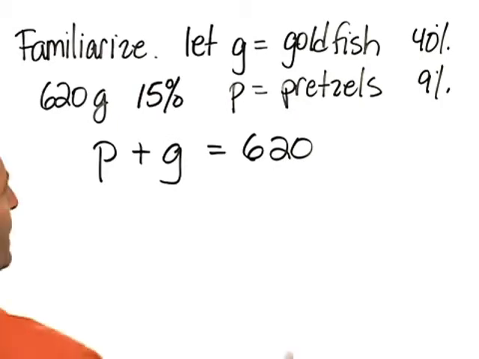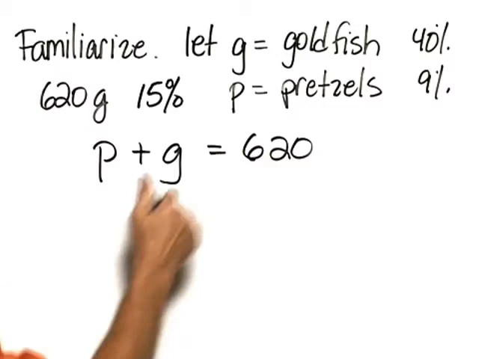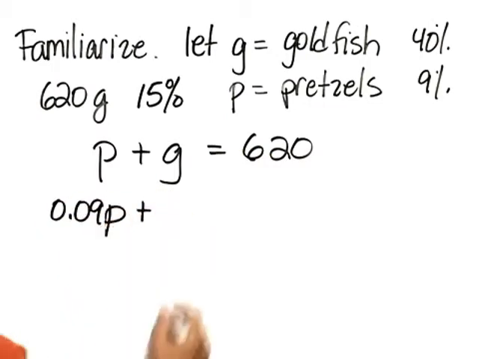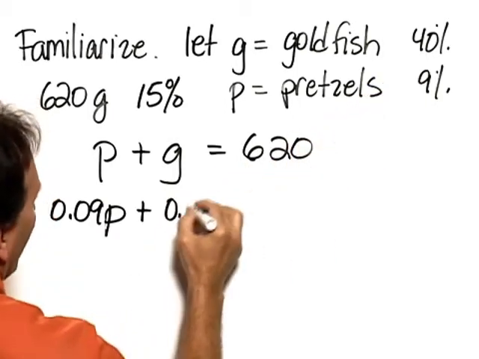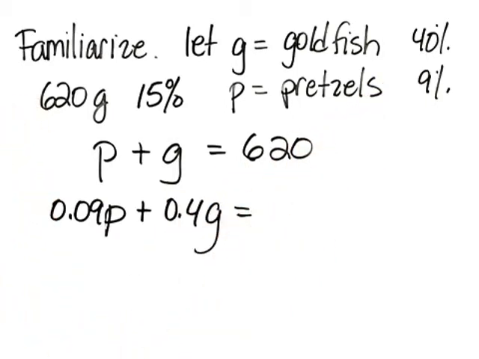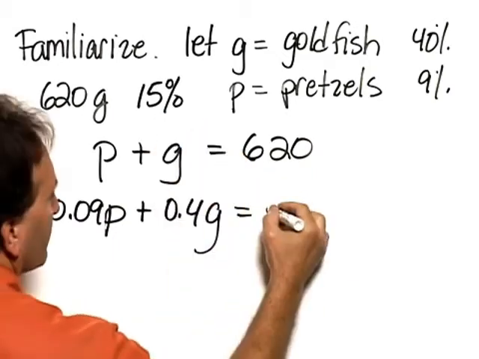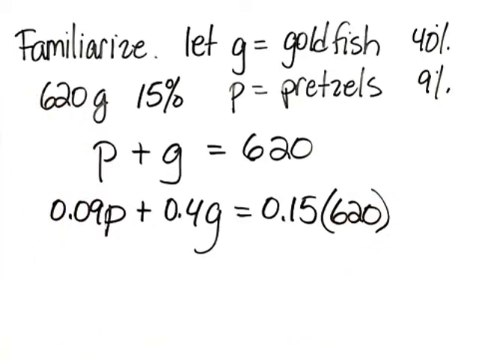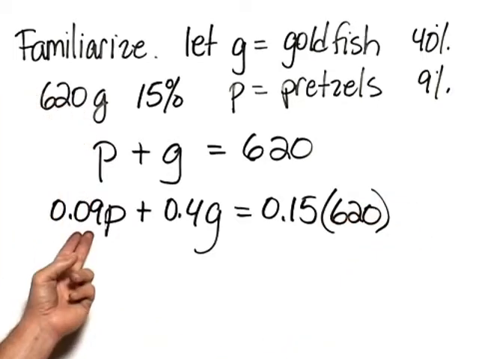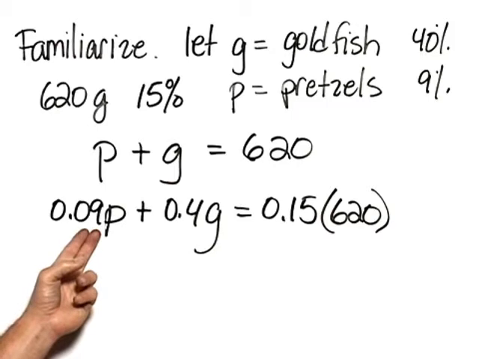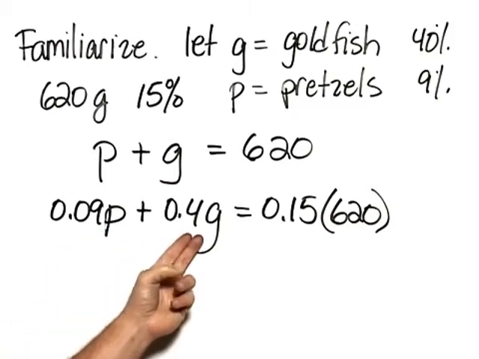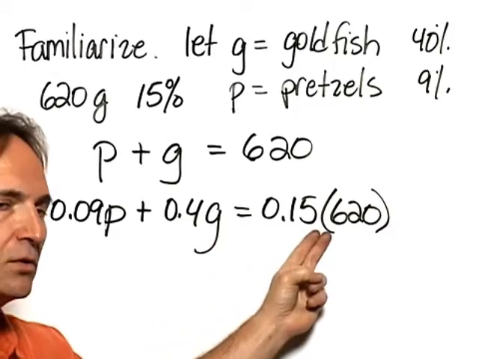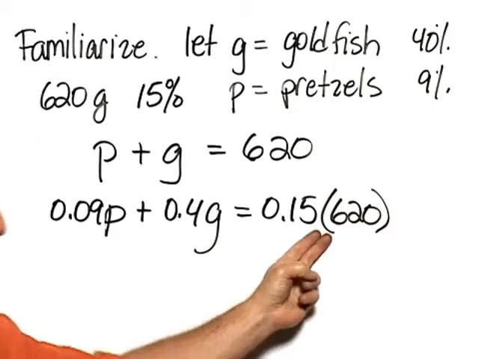So therefore, what we have is 9% times P, 0.09 P, plus 0.4 G has to equal the 15%, 0.15, times the 620 grams. So this is the number of grams that are fat from pretzels, the number of grams that are fat from goldfish, and that has to equal the total number of grams of fat in the mix.